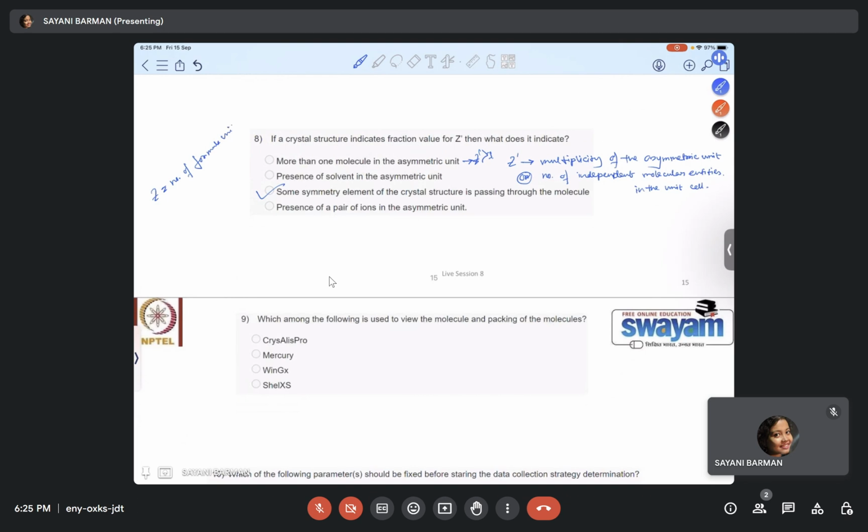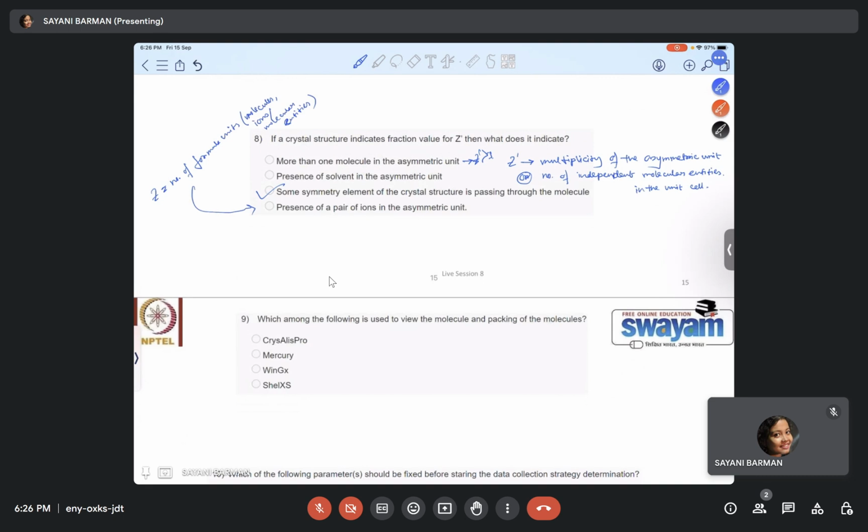Formula units means it can be molecules, ions, or any other molecular entities. So this can be determined by Z.